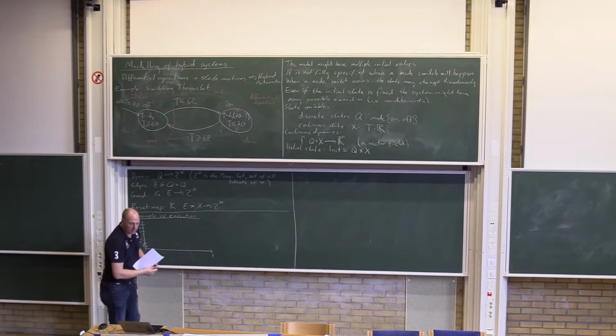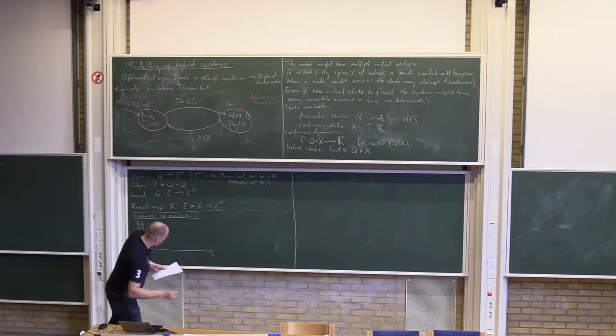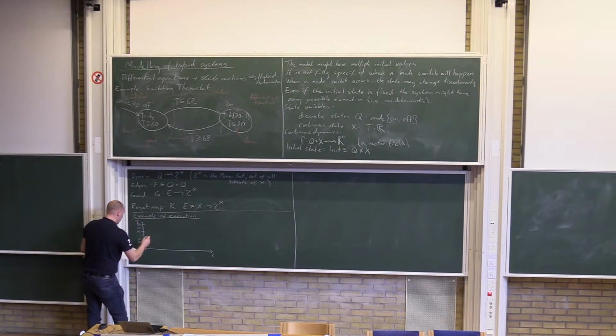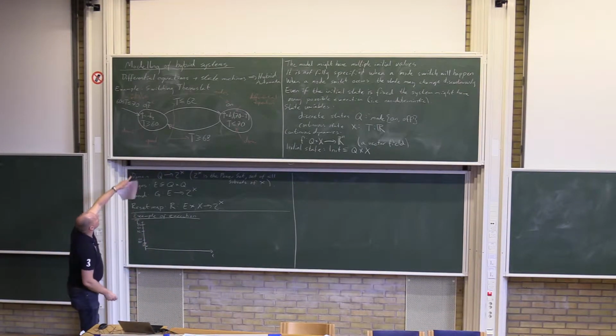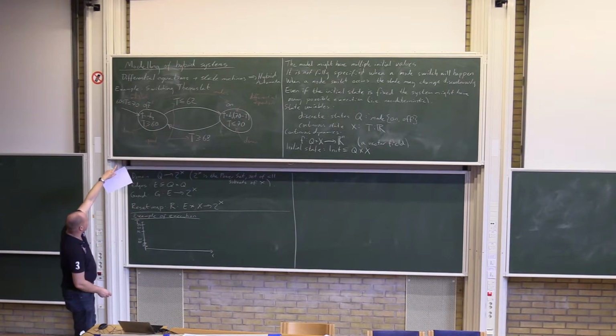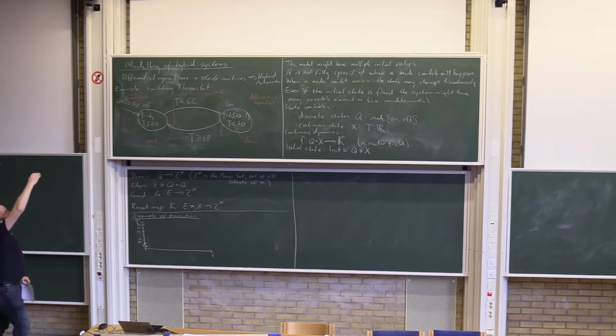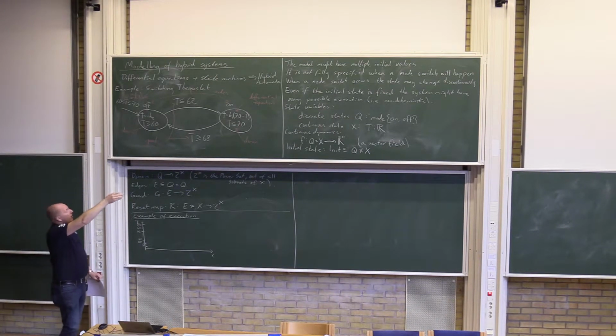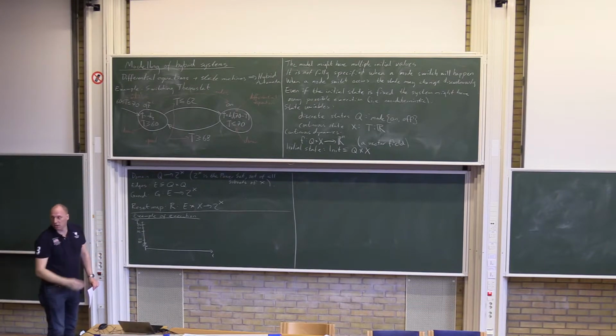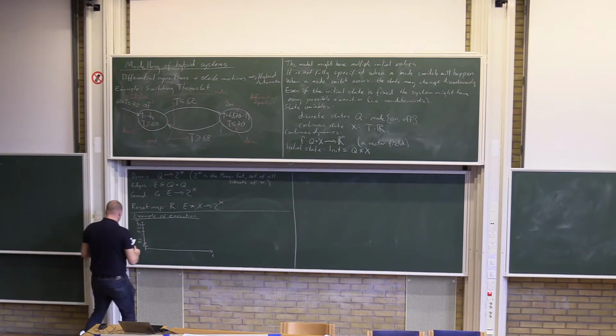So let's say we start at some temperature here. What will happen now if we look at the differential equation? So we start in the off mode, and then we will see that K2 is a constant. So if K2 is larger than 0, then we will see that the temperature will go down, right?